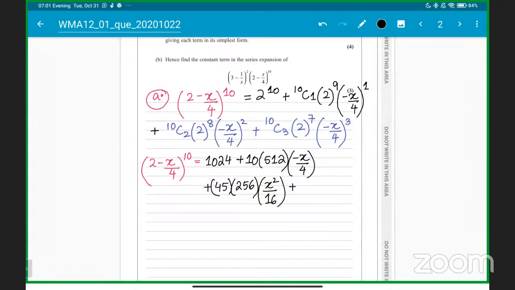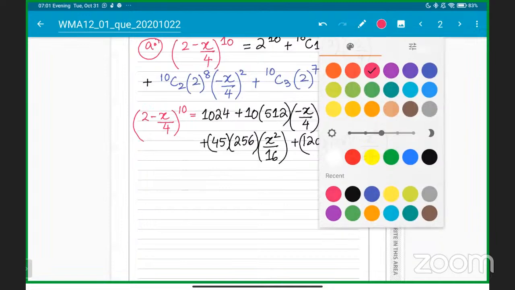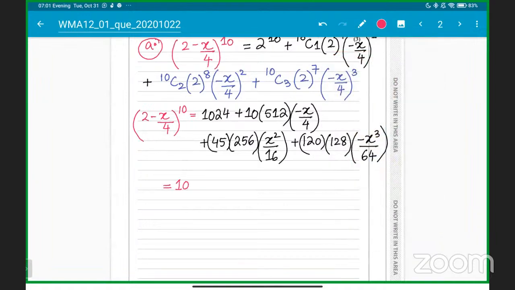Next will be, sir, 10C3. So we got 10C3 as 120, okay? And 120 will be multiplied with 2 power of 7. I got that as 128. And again, minus x will be minus x cubed over 4 power of cube, that is 64. So here we go. The final step will be, this is the answer, sir, 1024 plus 10 times 512 divided by 4. So I got this as negative 1280x.